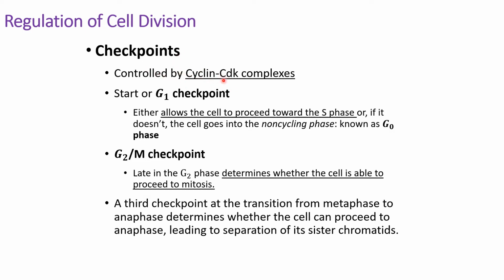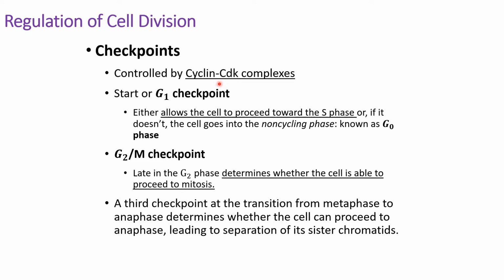In other cases, checkpoints are controlled by protein complexes called cyclin CDKs. There are many, many cyclin CDKs. I'm not going to ask that you know the individual ones or anything else about them. I'm just asking that you know the name of these complexes. Checkpoints during cell division are largely controlled by these protein complexes called cyclin CDKs.